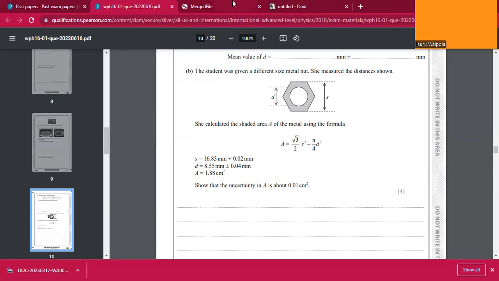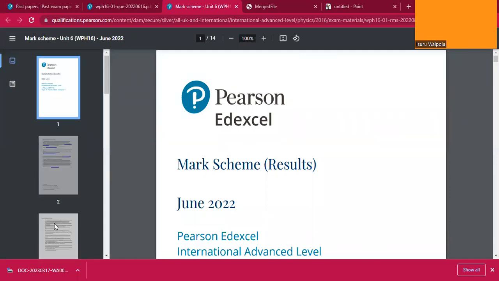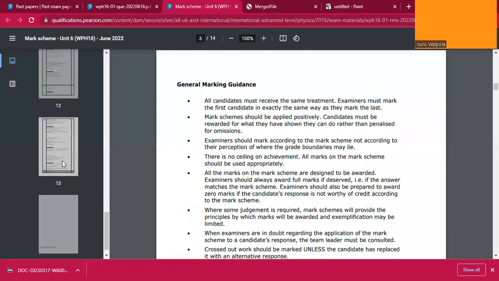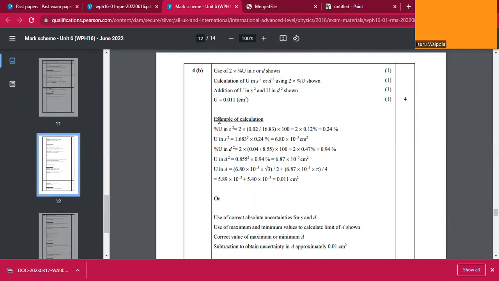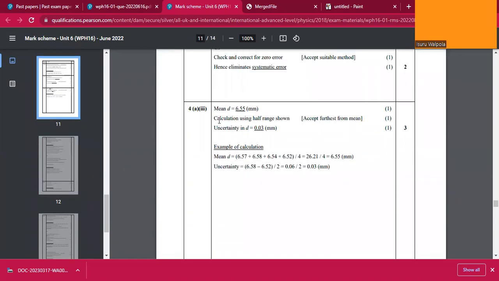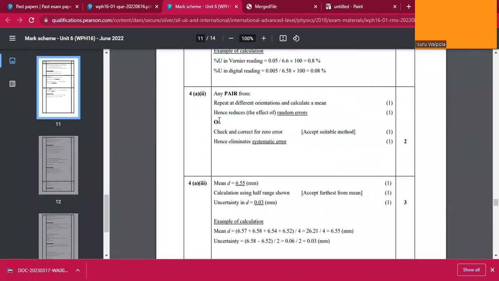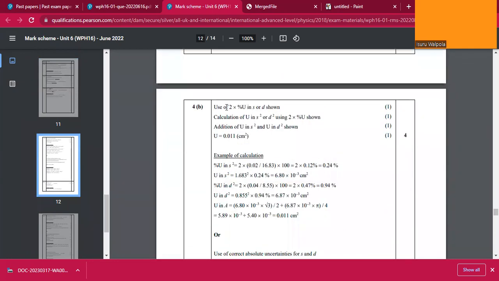Let me show you in the mark scheme. I'll just load it. One second. Okay, that's fine. Let me show you. Here.